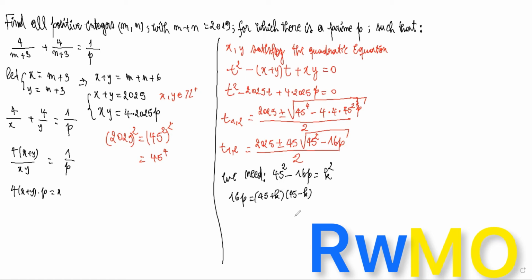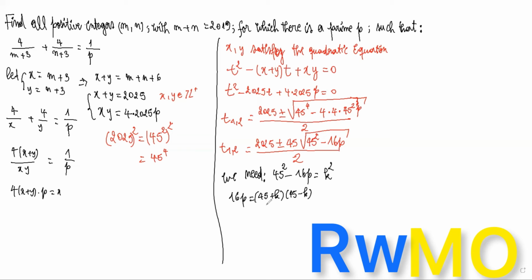Now, from here, we are going to write down all the different ways of splitting up 16p into two factors. We also need to notice that 45 plus k is bigger than 45 minus k, so 45 plus k will take the bigger factor.